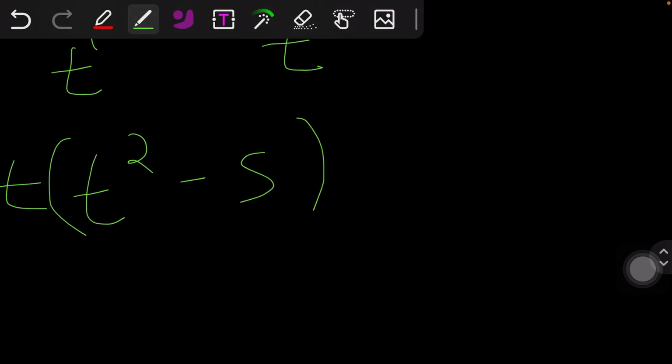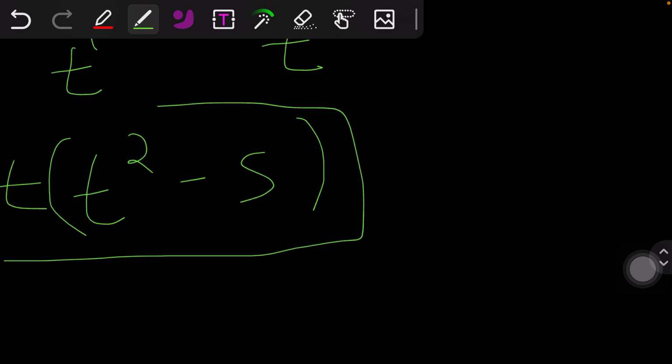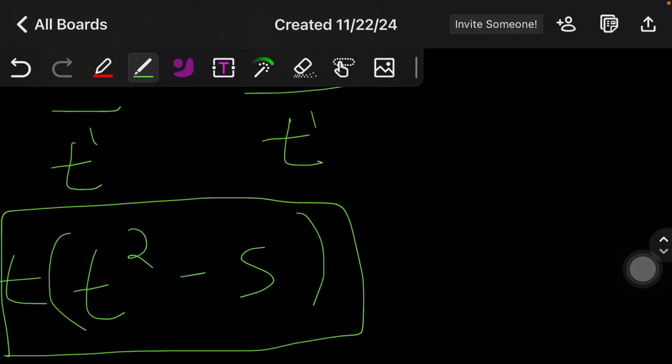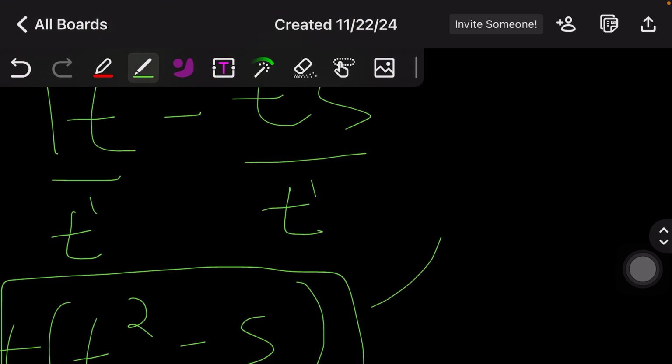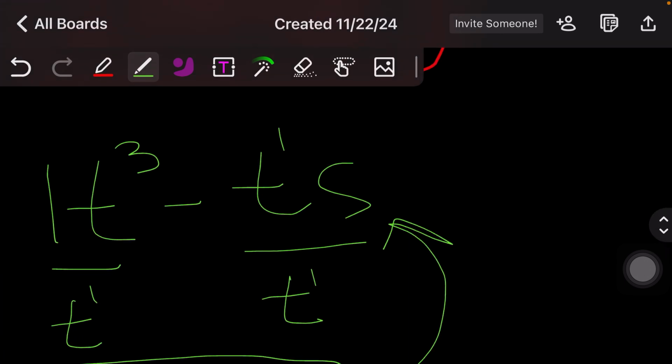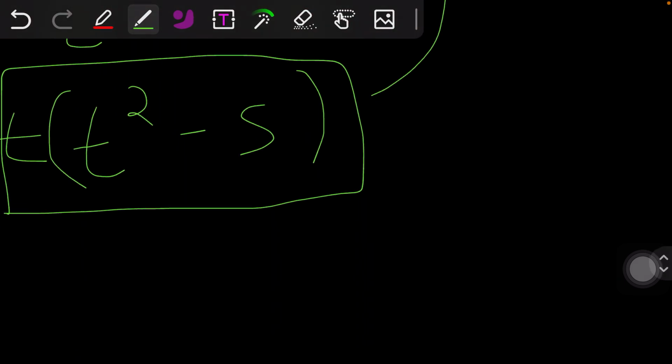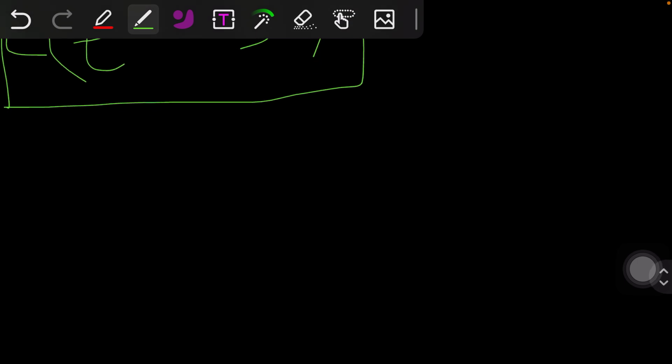This is what we multiply in order to get our expression up here. The original expression was t to the third minus t times s. So, moving on to another example.